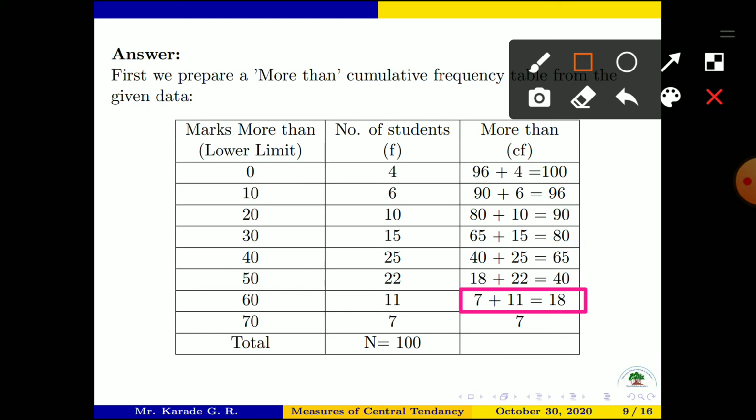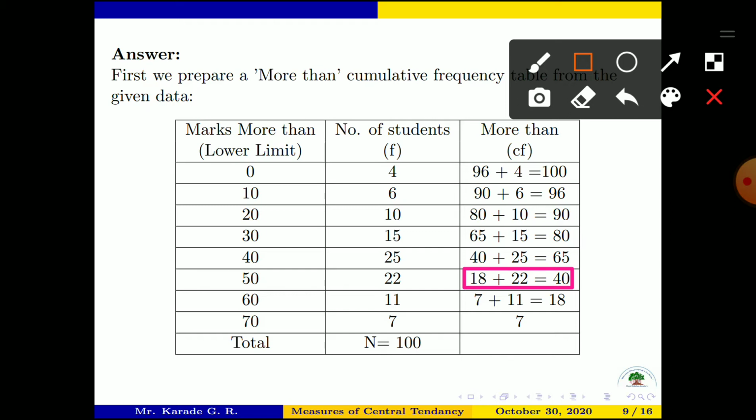Now in the above class, in the above cell, we write cumulative frequency like this: the addition of 18 and 22, it is equal to 40.